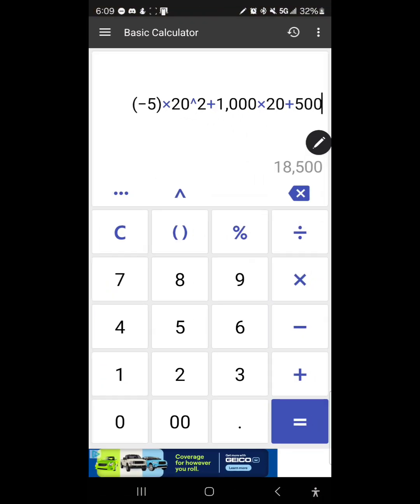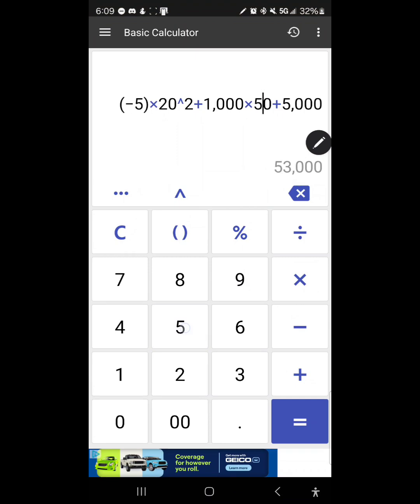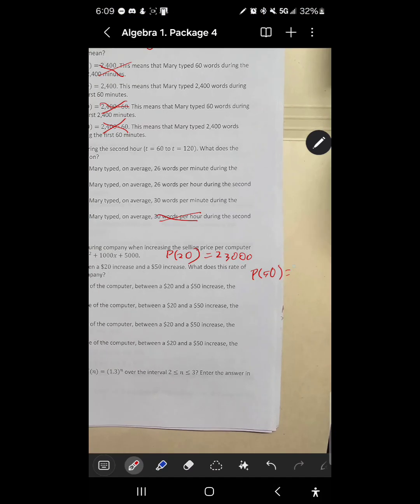Yeah, it will be 5,000. Wow, this will be 23,000. Now x being 50, it's the same, but instead of 20 we put 50. It will be 42,500.